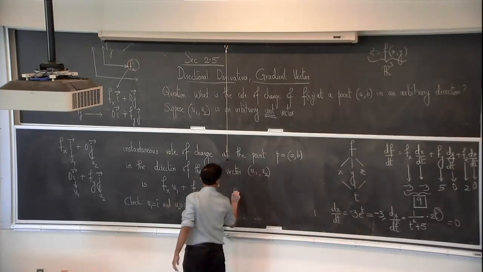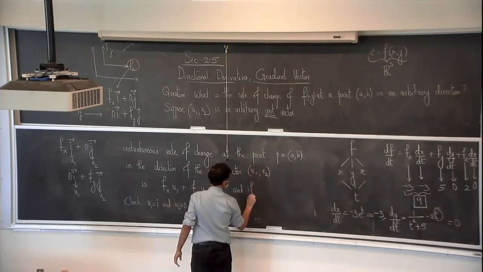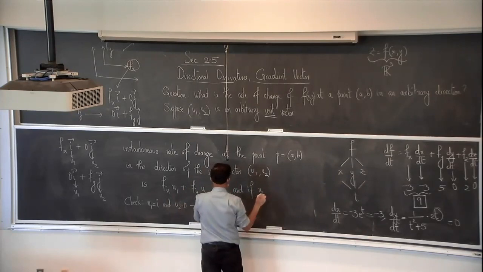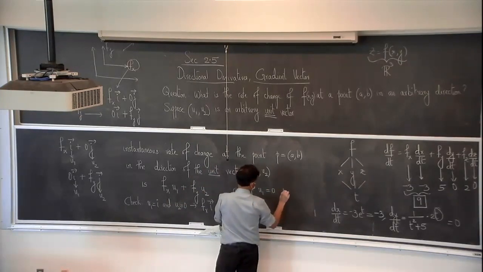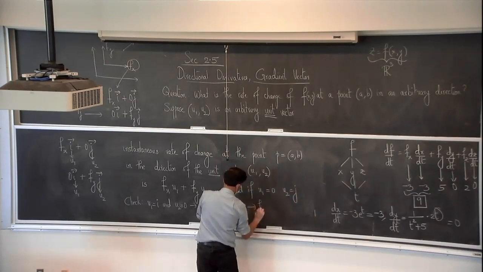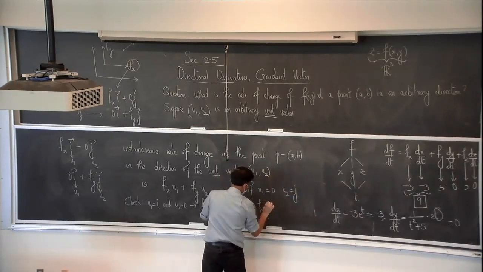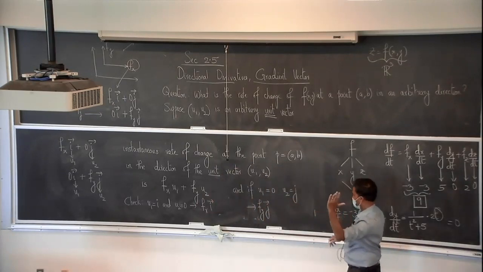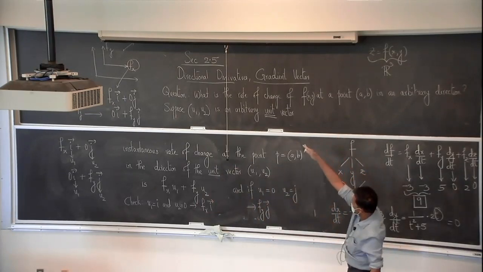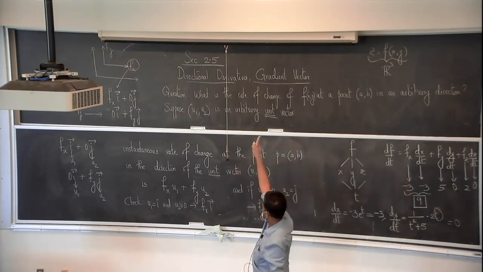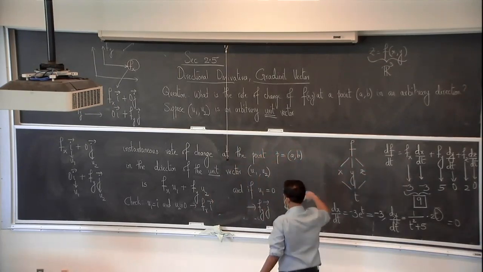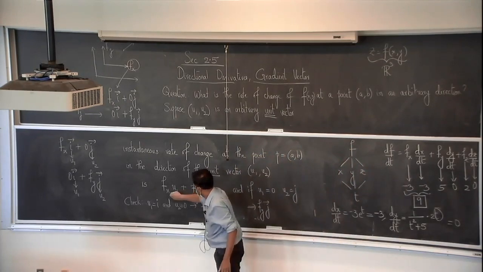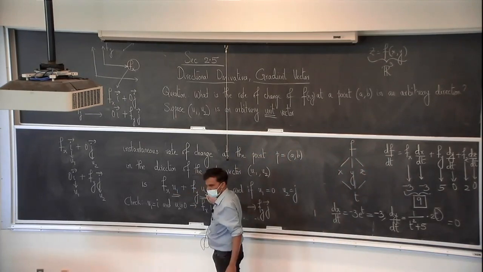And if u1 equals 0 and u2 equals 1, you get fy. So those are two special cases where you are staying parallel to one of the axes. But if you are in some arbitrary direction like that arrow that you pointed there, then both components of the unit vector will contribute to the rate of change.